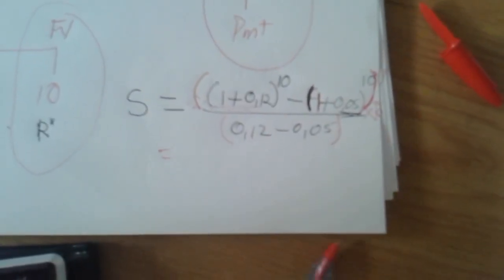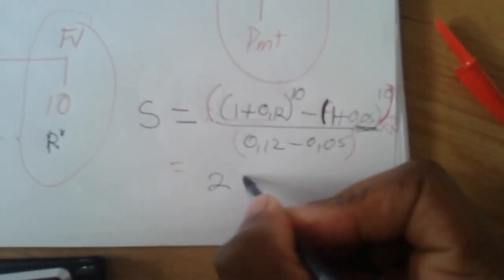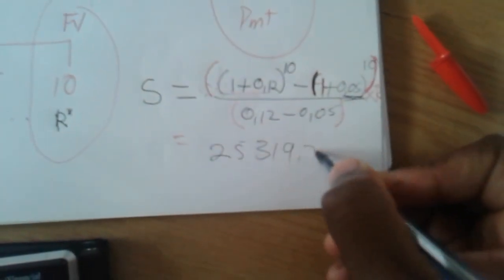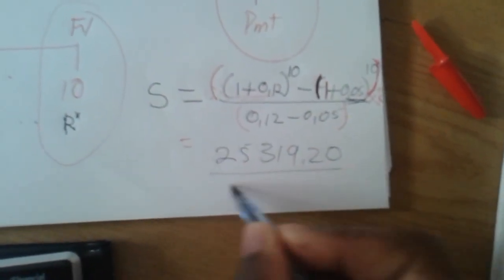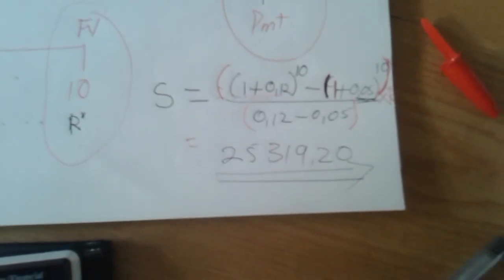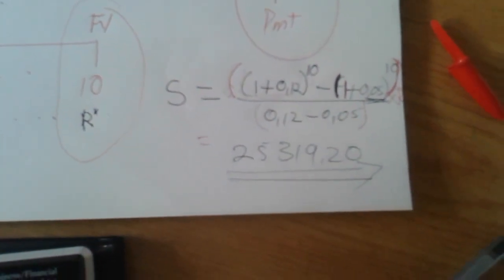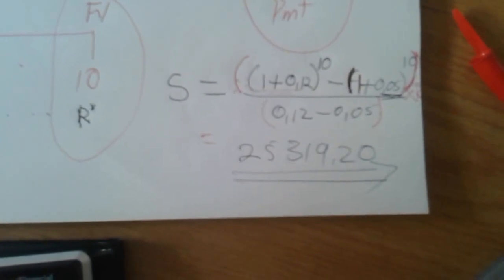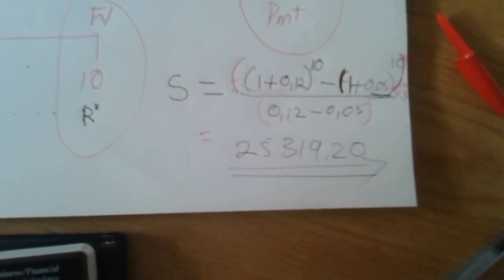That's correct. I've got it. 25,319.20. 1.12 to the power of 10. Let's start.